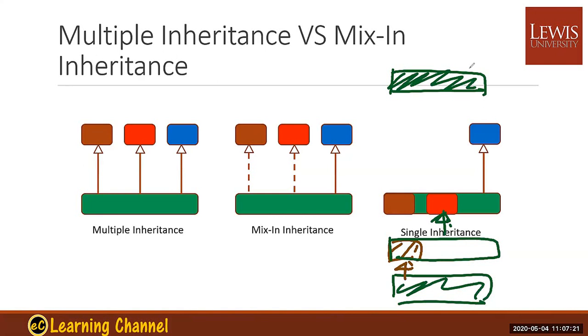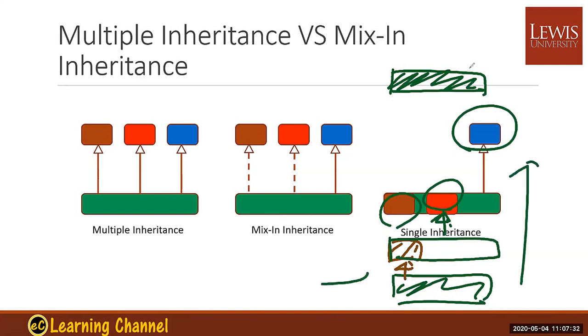Yeah. By single inheritance, you can implement all these three functions by doing three extensions. Is that okay? Effectively, it's the same as this, but you do three steps. Is that okay? Effectively, it's the same.